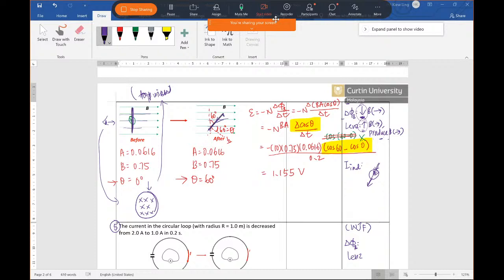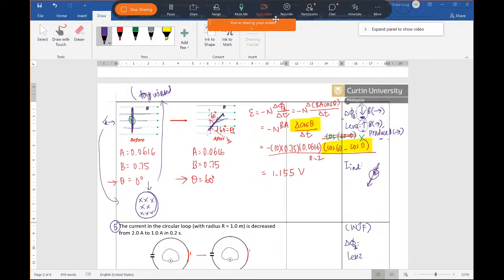Or you put them on top of your table, which means you are now looking at the top view of your coil. So hold your coil with your left hand first, and now use your right hand to determine the direction, yeah?